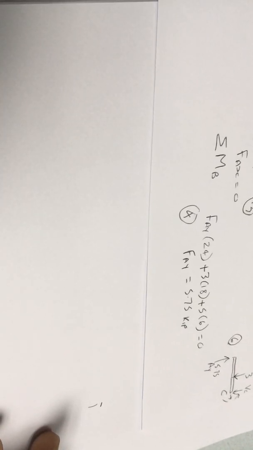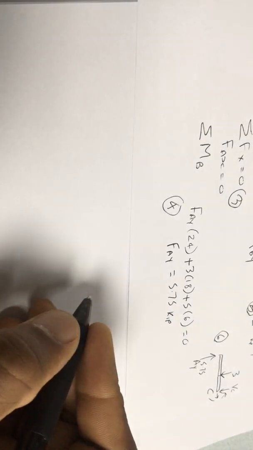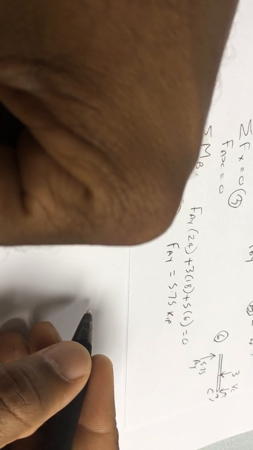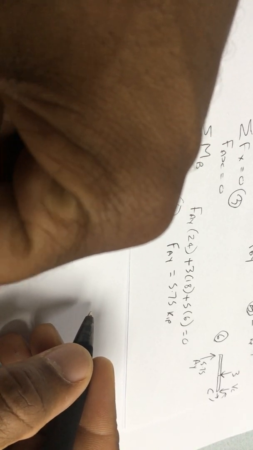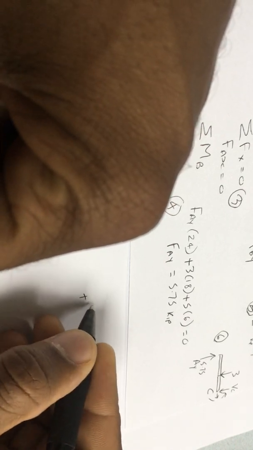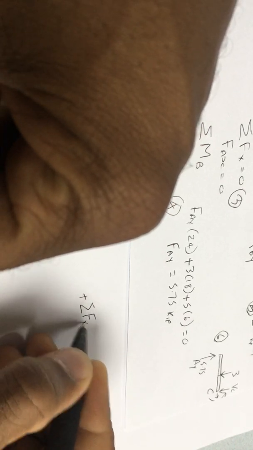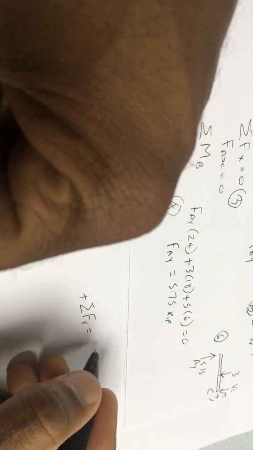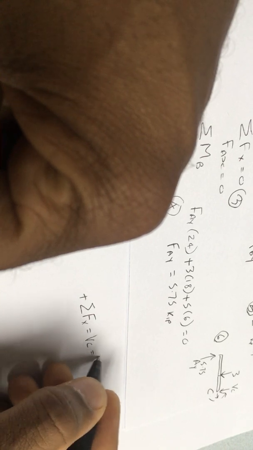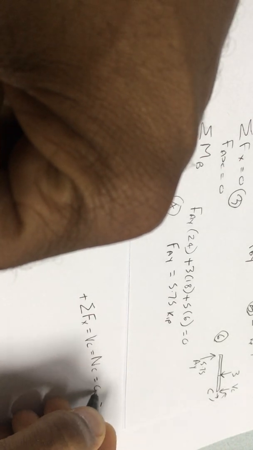I'll just keep that there so it's on screen a bit more. If we do that, equilibrium, or the equations of equilibrium, assuming everything is going to be 0, it's a stable body because this is statics. Sum Fx, right? The normal force NC, or VC, whichever one you'd call it, to be equal to 0.